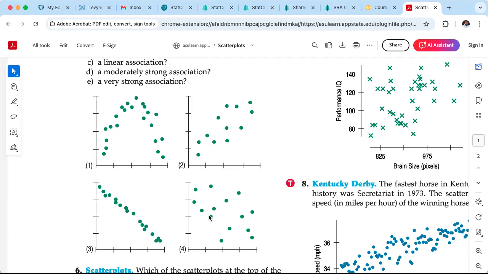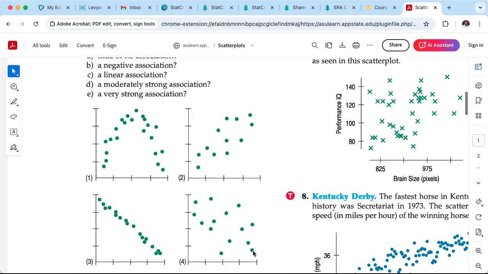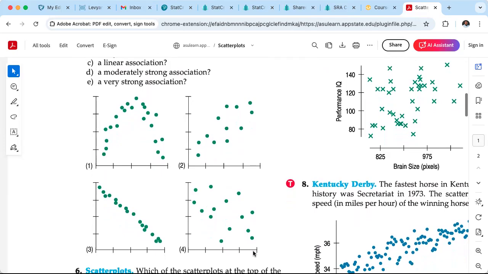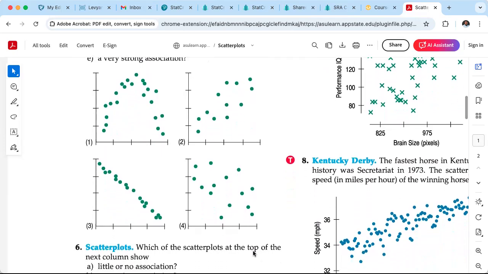I wouldn't say fourth, though I agree with you from your point. I'll say that it's weak, but you could say it's negative. Is that okay? Let's get to B. Negative association. 3 and 4.